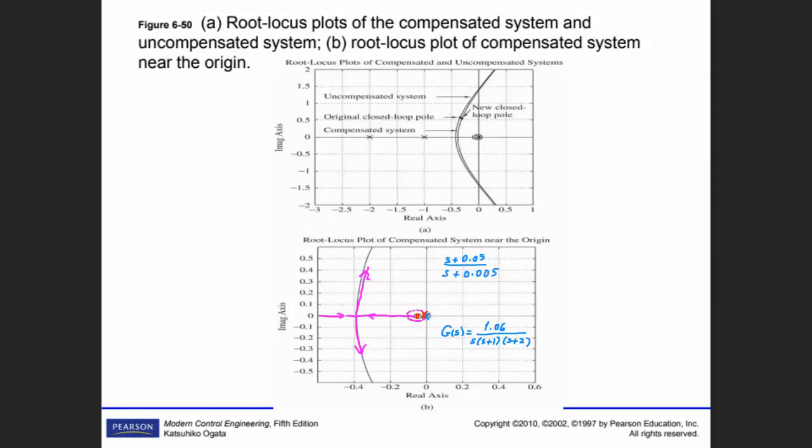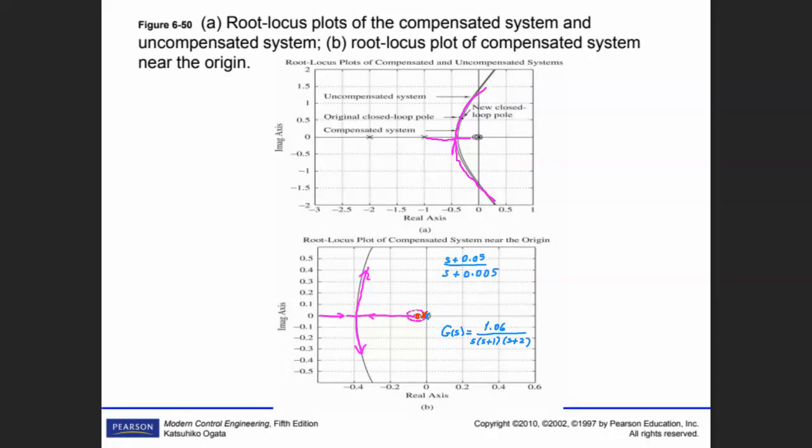You can see that it's all located here, but this pole is coupled with the other pole here, and then they, without changing the root locus curve, however, increase the velocity error constant.